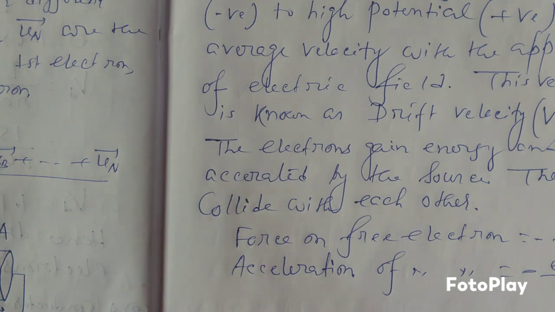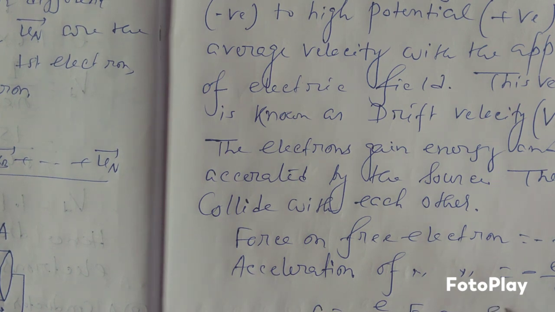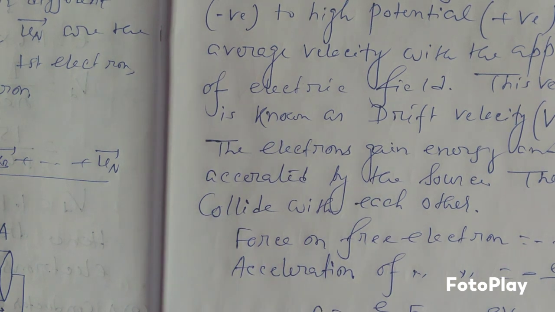So we know the acceleration a equals this, and putting the value of E, we get eV by mL.